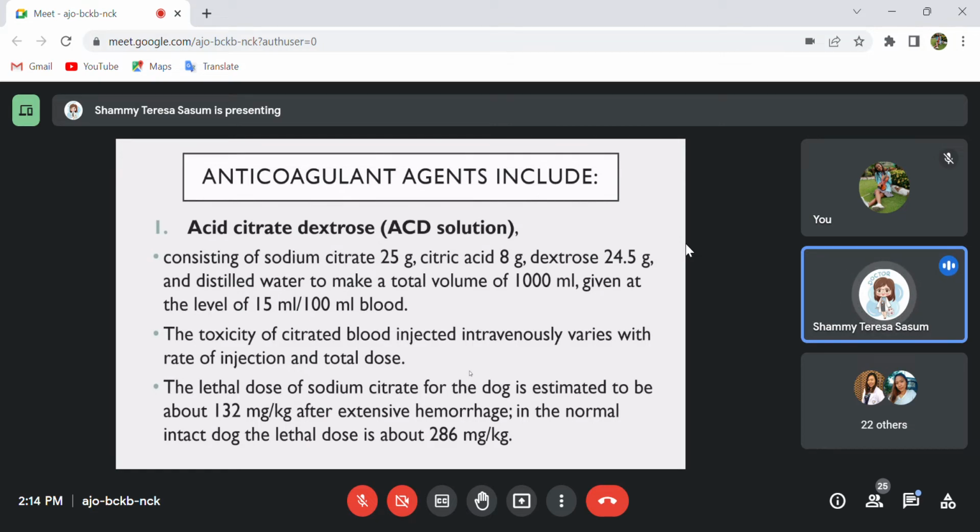The toxicity of citrate blood injected intravenously varies with the rate of injection and total dose. The lethal dose of sodium citrate for dogs is estimated to be about 132 milligrams per kg after extensive hemorrhage. In the normal intact dog, the lethal dose is 286 milligrams per kilogram.